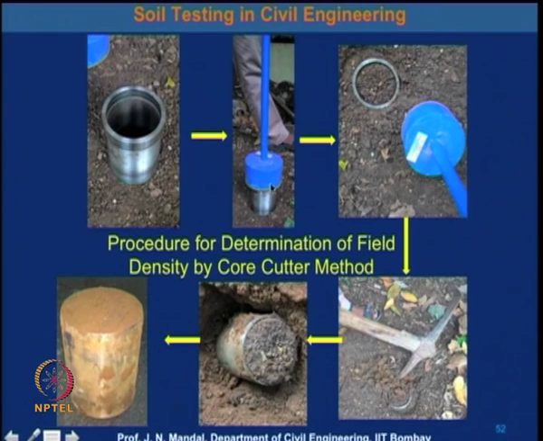You can see here the rammer is inserting the core cutter, and then you can take out the soil around this core cutter, take out the cutter, and trim the top and the bottom. Okay. So, this way you can collect the specimen or soil sample for the determination of field density by the core cutter method.